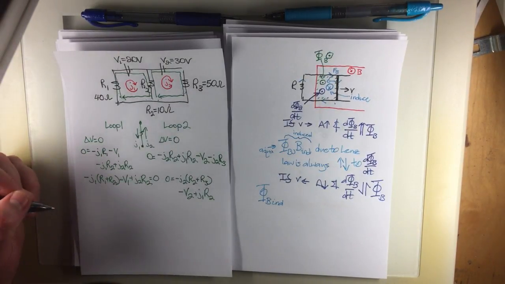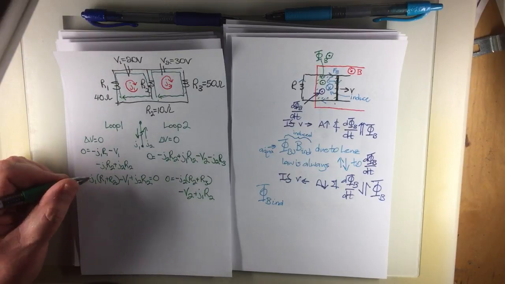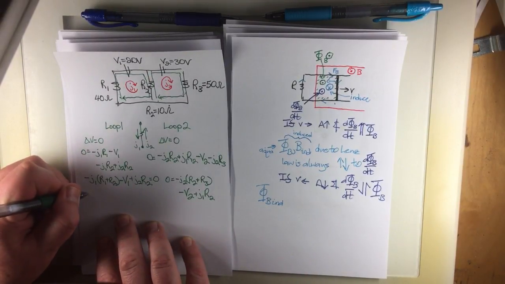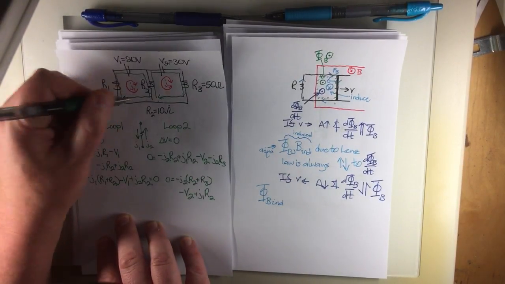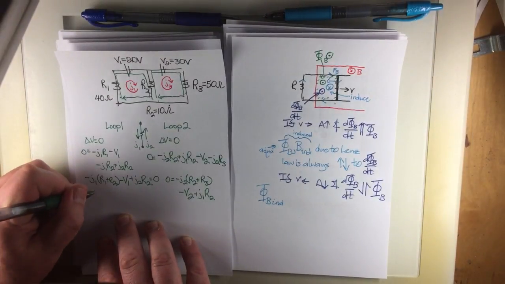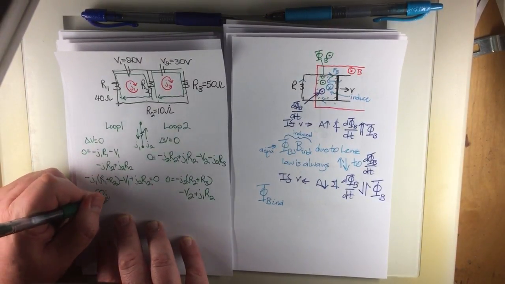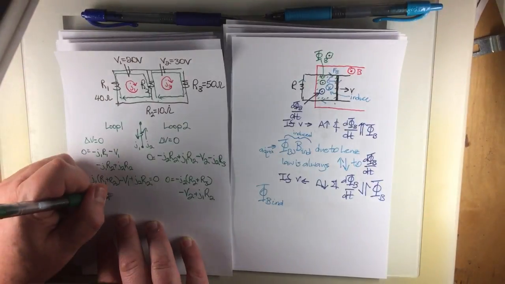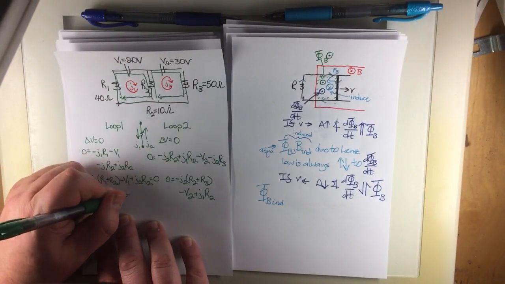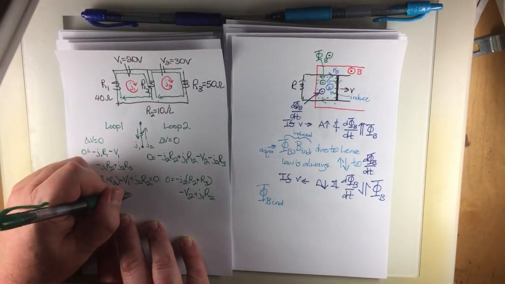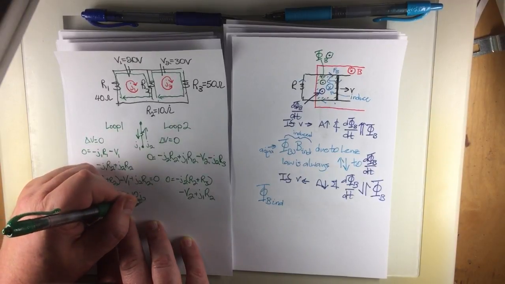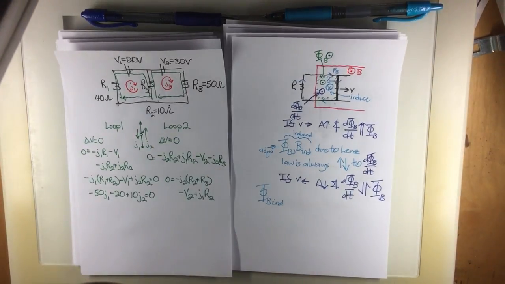Now, it's a 2 equation, 2 unknown. What I typically do for something like this is, R1 plus R2 is 50, so it's minus 50 J1. V1 is 20, so minus 20. R2 is 10, so plus 10 J2 equals 0.